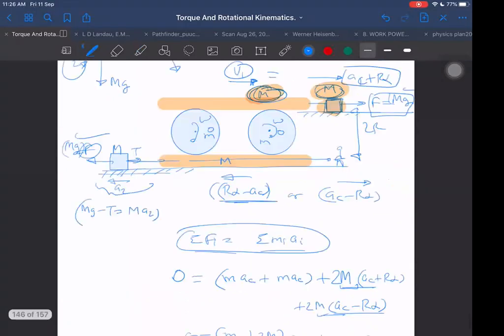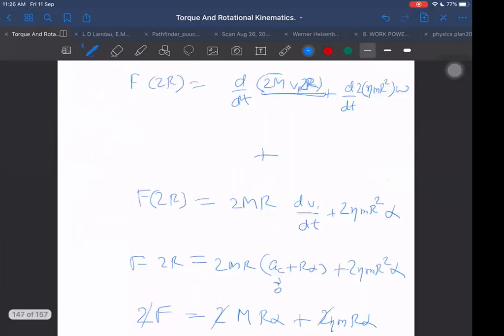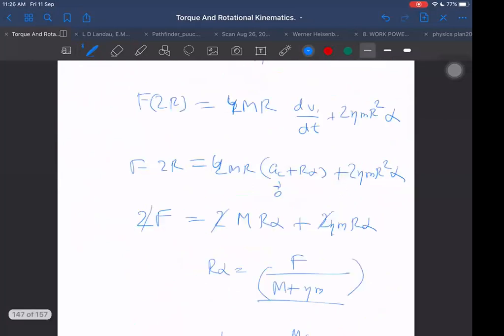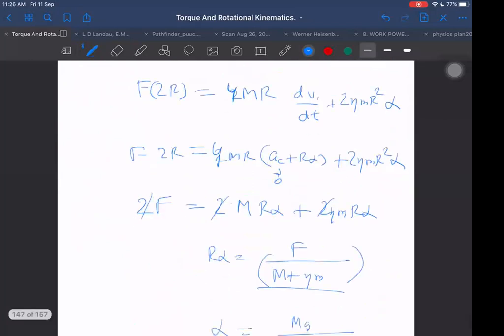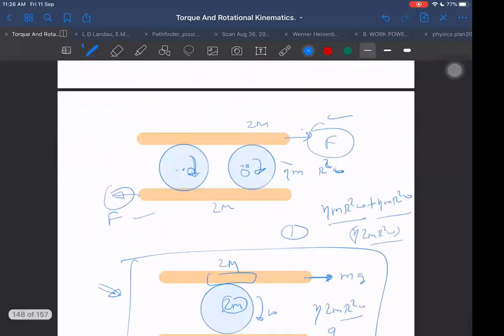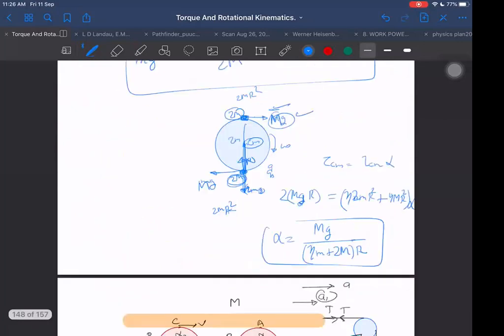Yes, sir. From the ground, the total distance was 2r. So I should have taken one more 2 here. So then it will become 4mr, then 2 will still remain. So last time it was 2m plus eta m. Now it is okay, fine at last. This is the answer: mg upon eta m plus 2m into r.